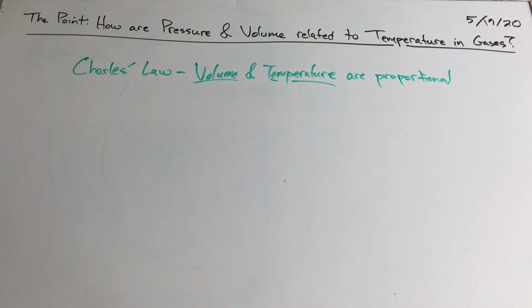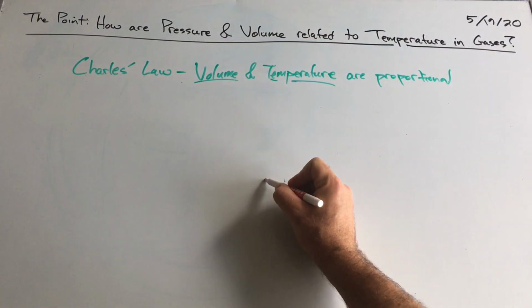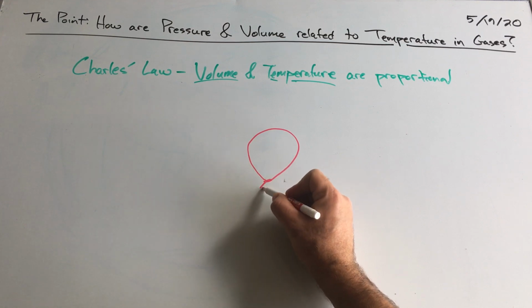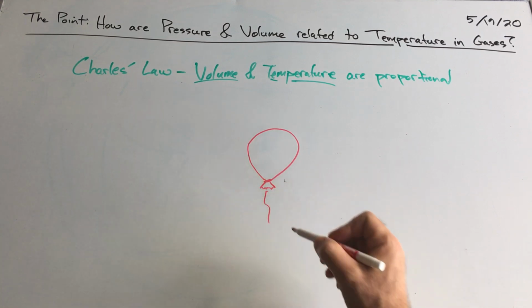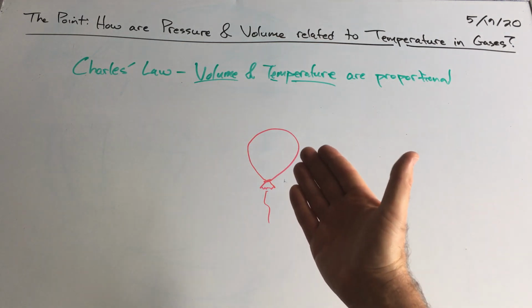Now, this is usually drawn as a canister with a plunger. I like balloons, so I like to draw mine as a balloon, but it requires a little bit of understanding, a little bit of suspension of reality, because we're going to heat this balloon. And usually when you heat balloons, they pop. So this is a science balloon that can't pop.